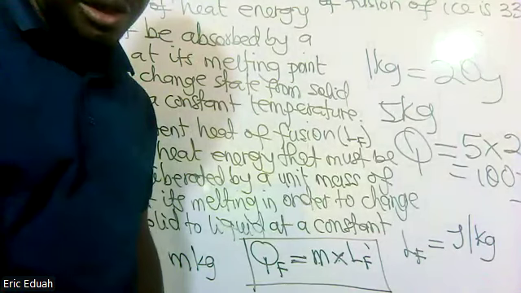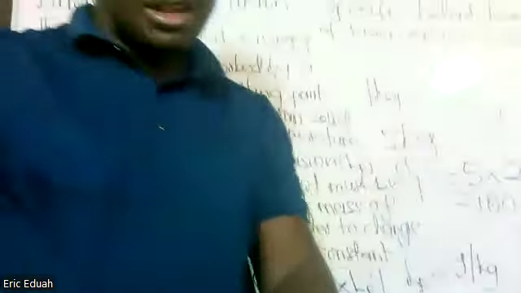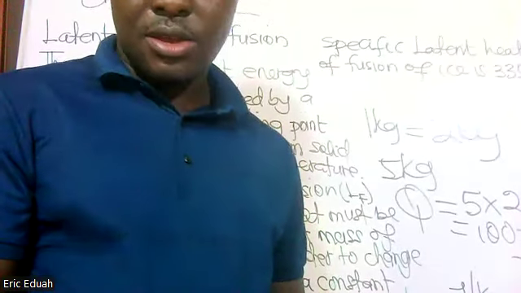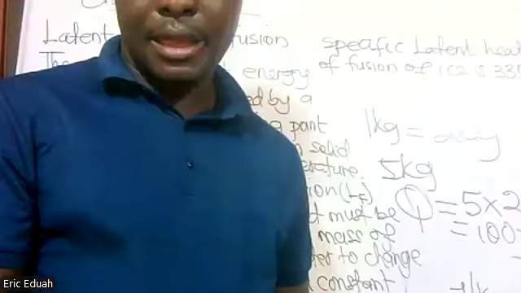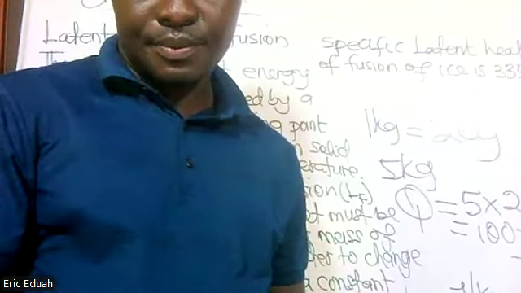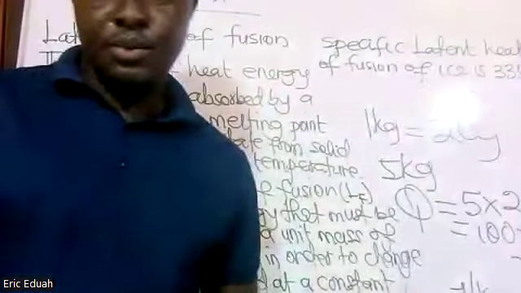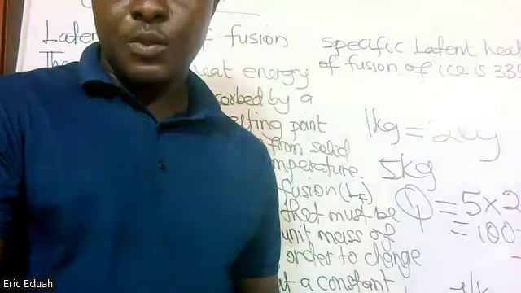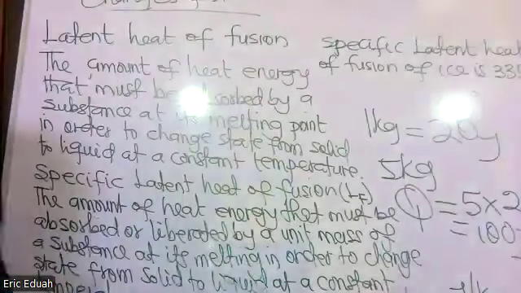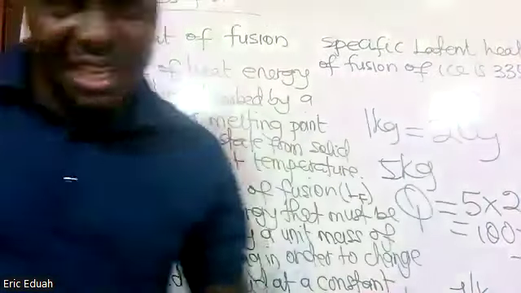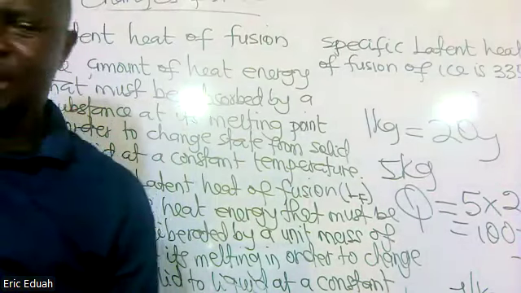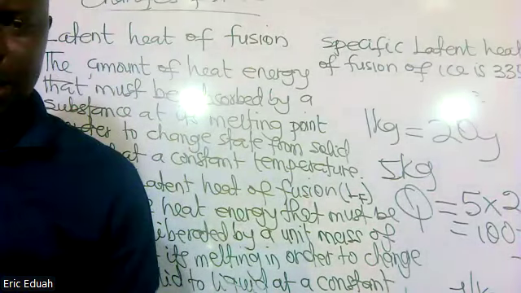Yes, let me call somebody else to share. Frida, are you there? Hello, Frida. Hey, people are not responding. The question is for you. The statement is that the specific latent heat of fusion of ice is 335 kilojoules per kilogram.